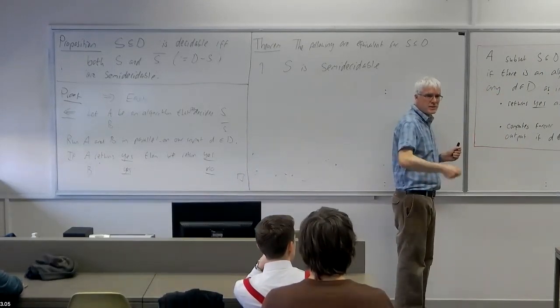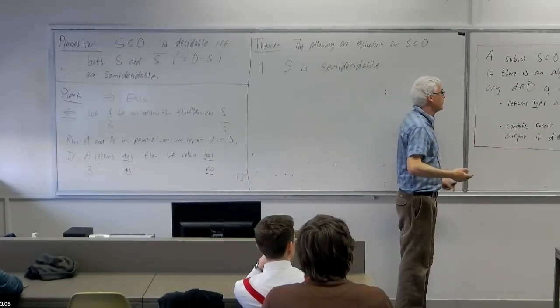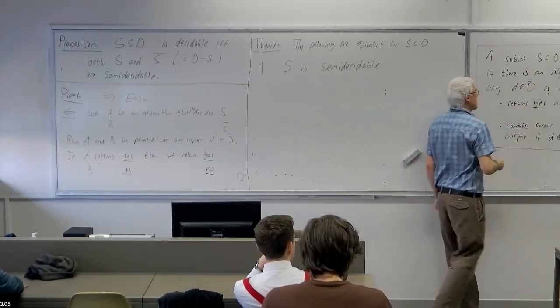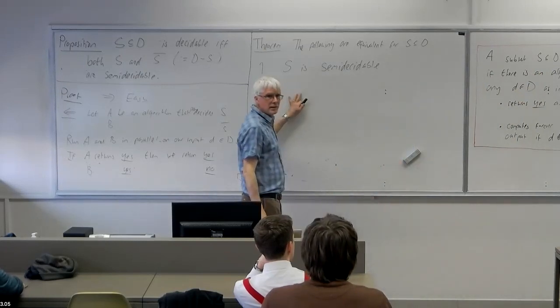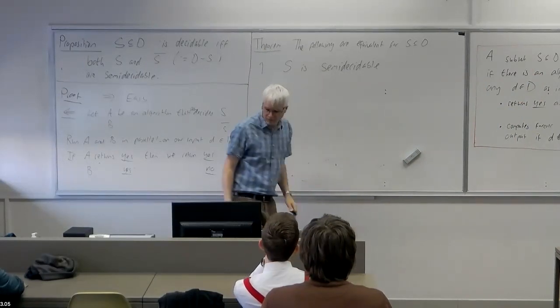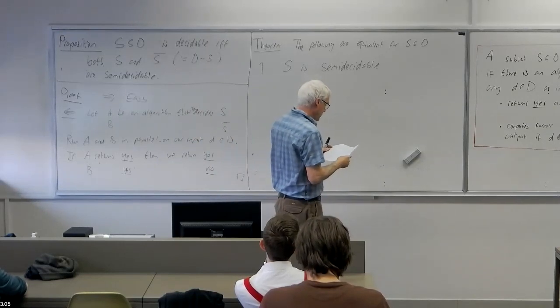Of course, it might be an infinite set, so you might need an algorithm that will run forever, but still an algorithm that will systematically list all the elements of S. And it turns out that sets are systematically listable if and only if they're semi-decidable. So that's not completely trivial.